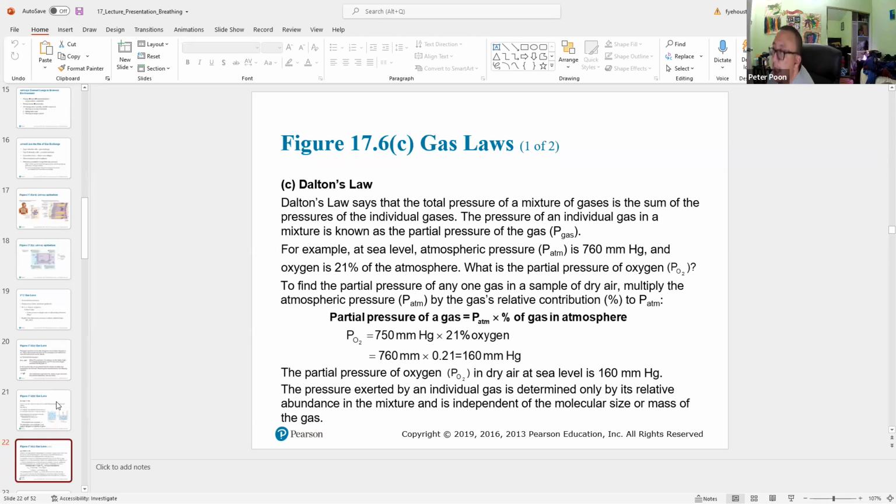So 21% of that partial pressure is oxygen. You can calculate the partial pressure being 160 mmHg.